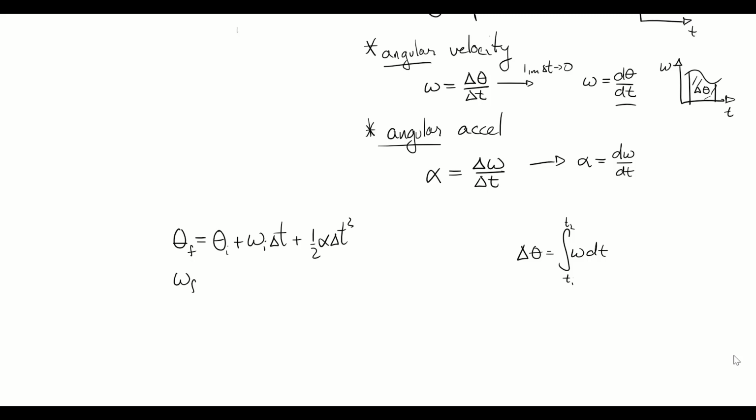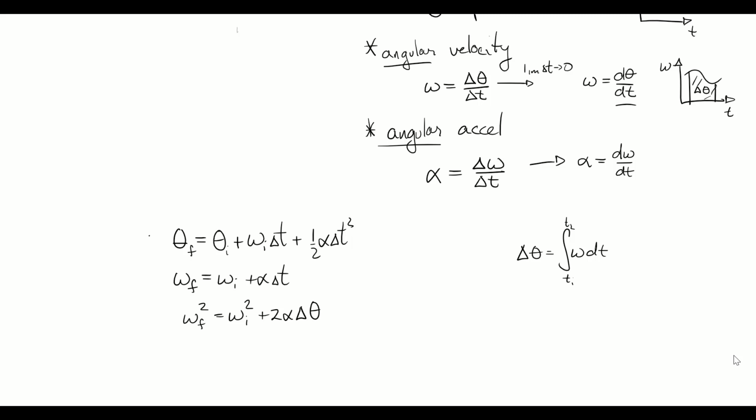The final angular velocity is equal to the initial angular velocity plus the angular acceleration times delta t. And that third one, the final angular velocity squared, is equal to the initial angular velocity squared plus 2 times the angular acceleration times the change in angular position.